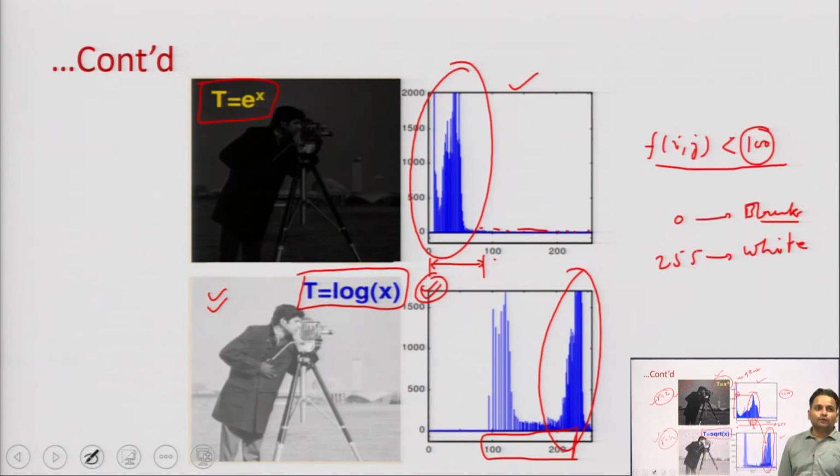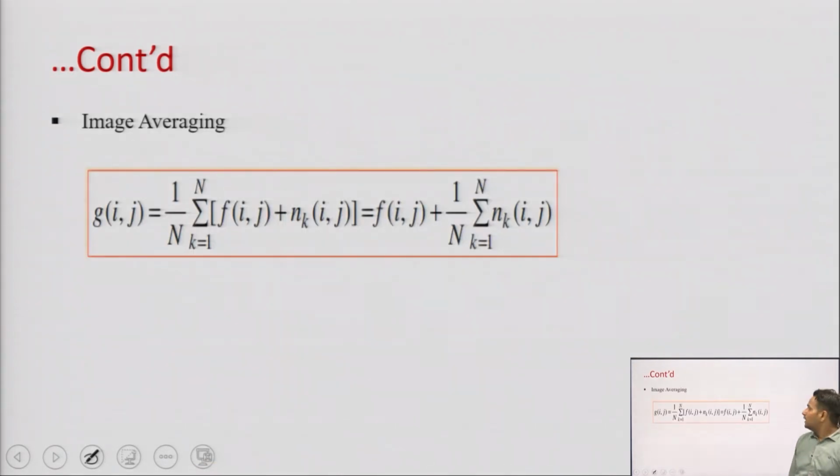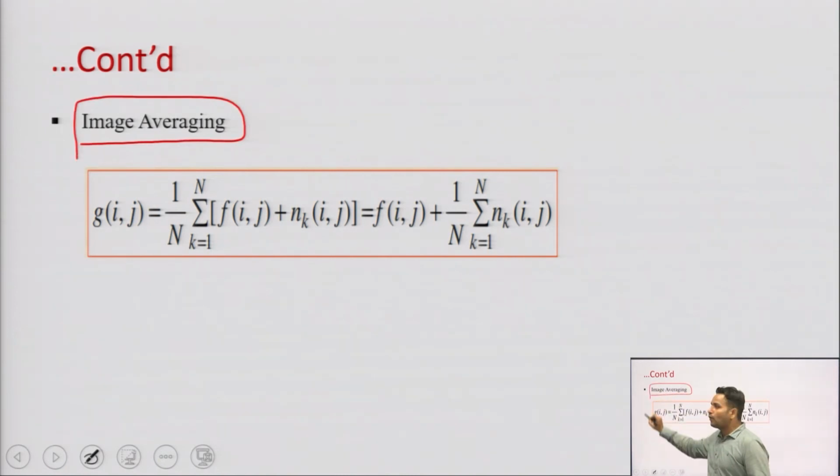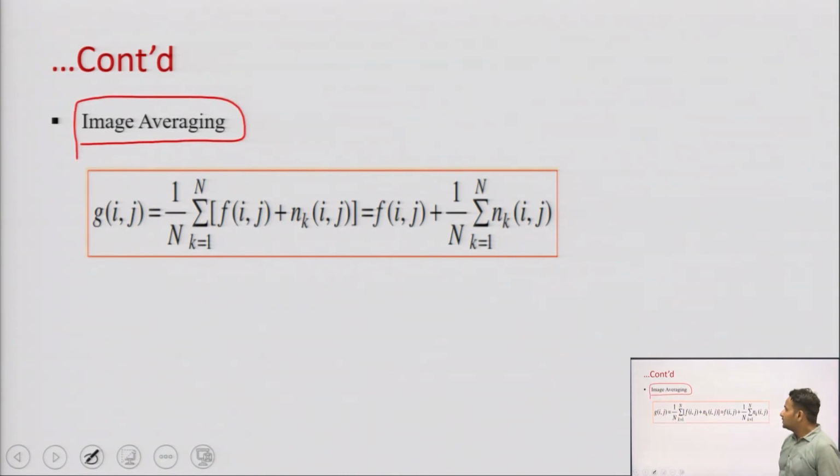Now, if we talk about the function of image averaging, that is also one kind of point processing term. In image averaging, we have to find the average of pixels, as well as the noise involved in each particular pixel.